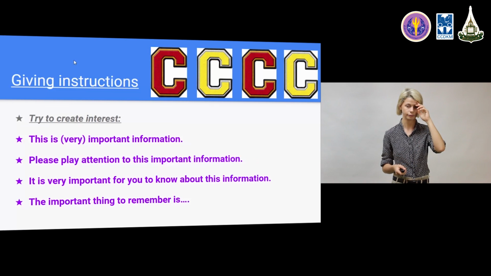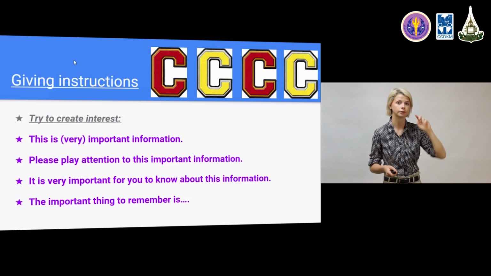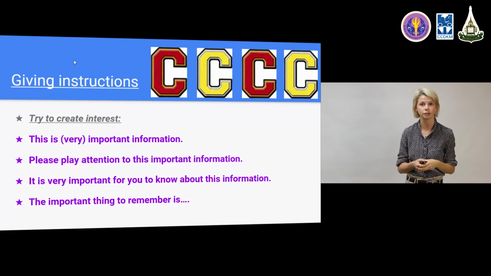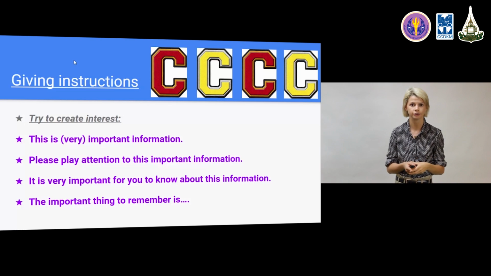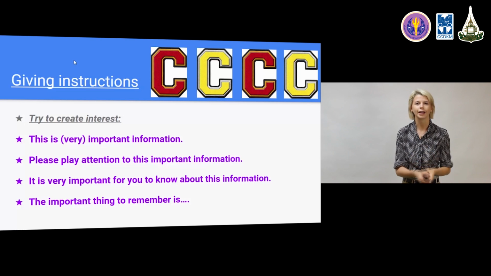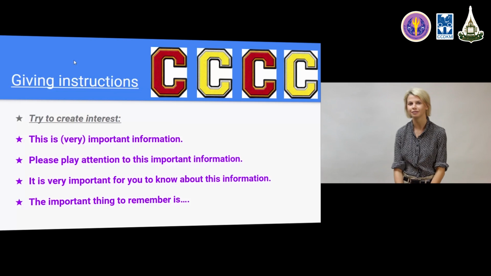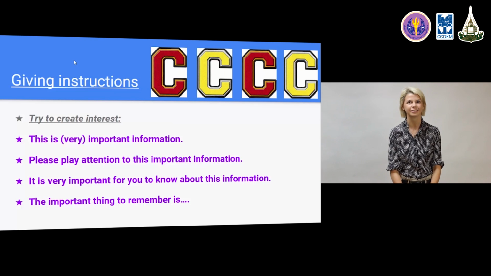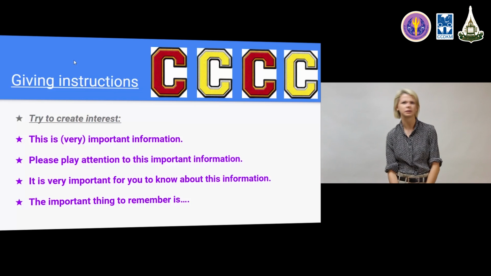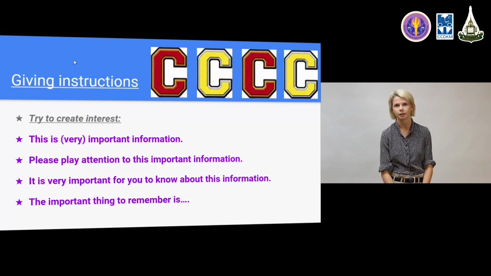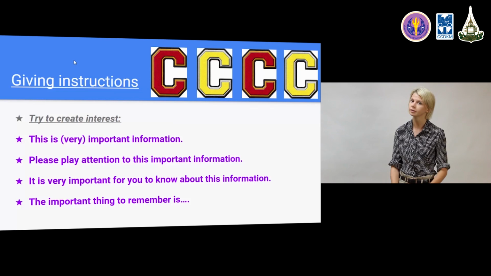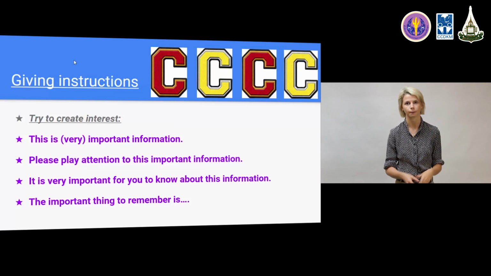Okay. Our second part of giving instructions, quite important. Try to create interest. Now, instructions sometimes are not very interesting. Schedule, timetable, etc. These things, maybe some people are not paying attention.